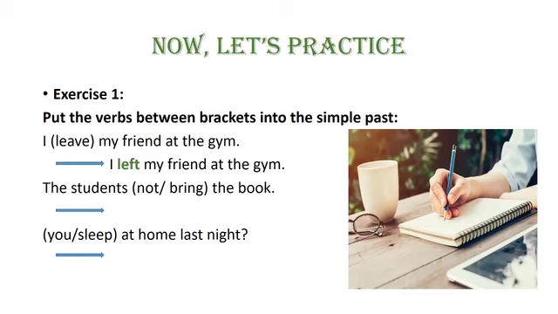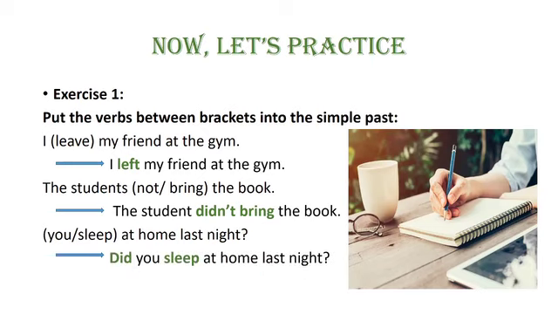So let's see the answer of number 2. The students didn't bring the book. So let's see your answer for number 3. Good. Did you sleep at home last night? This is a question, interrogative form.